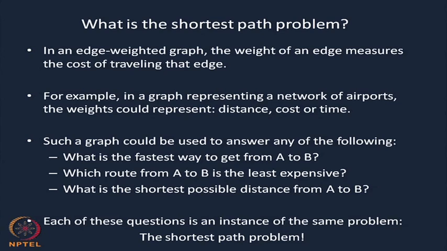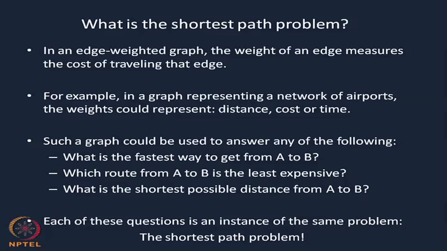And the last one: what is the shortest possible distance from A to B? So basically, in which way should I move from A to B, what should be the route such that the cost will be minimum, and what should be that path. So, the basic problem is this one.